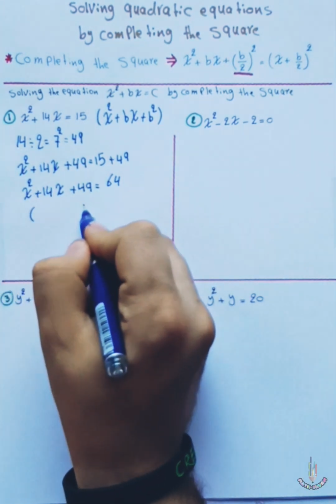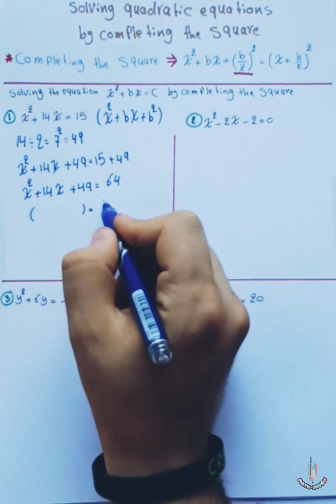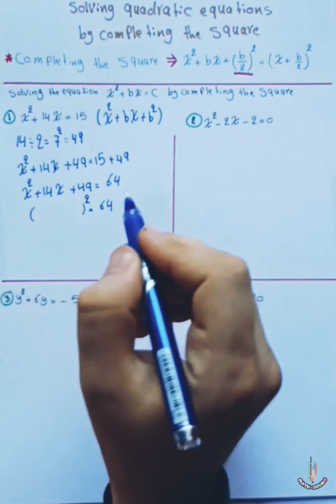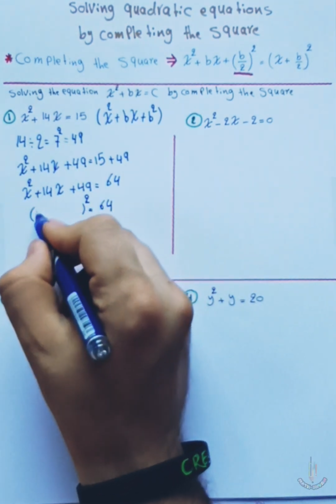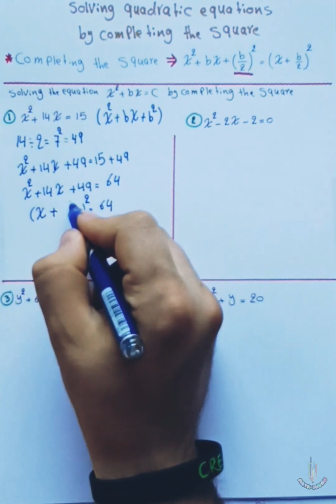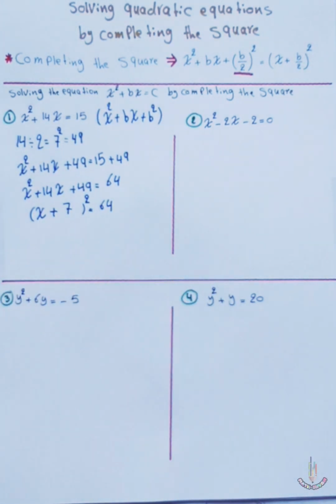We can draw a parenthesis and then equal to 64. You write a 2 over the parentheses, where x squared comes from x, and 49 comes from 7 multiplied by 7. So you have x plus 7 squared equals 64.